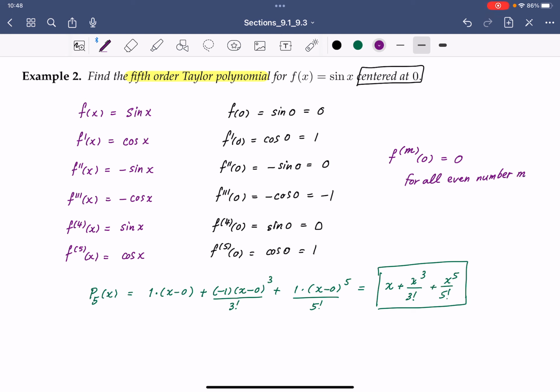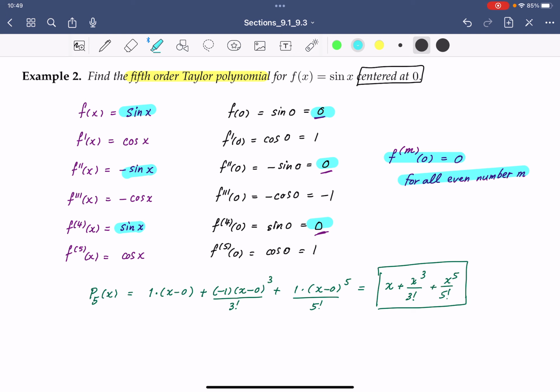You can see that the pattern is that every time you differentiate 2 times, 4 times, 6 times, and so on, they are all 0, because the cycle gives you sine, negative sine, sine, negative sine, so the terms related to even m, the m-th order derivative, are 0.